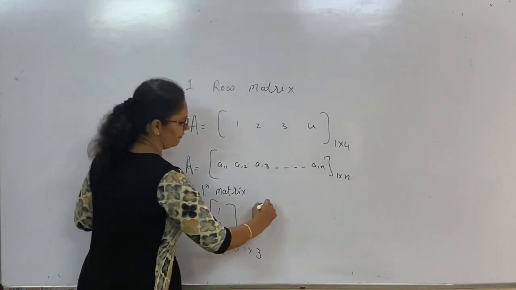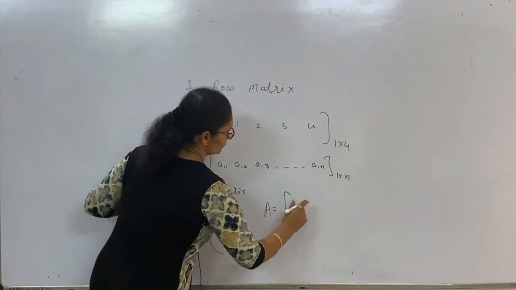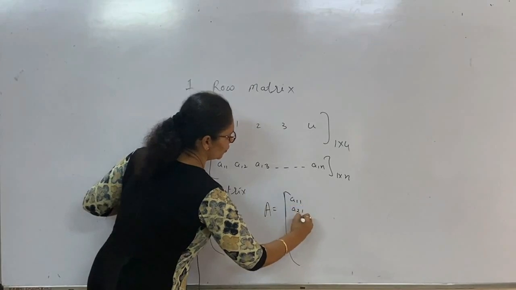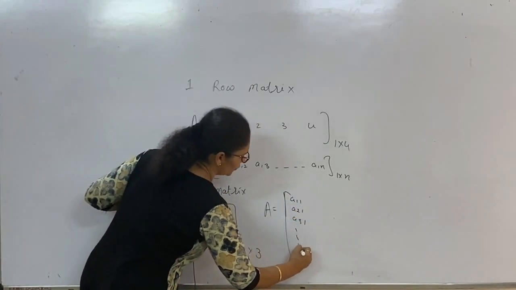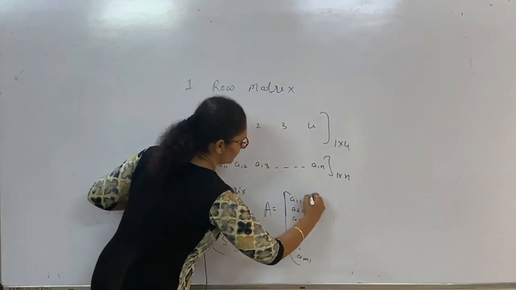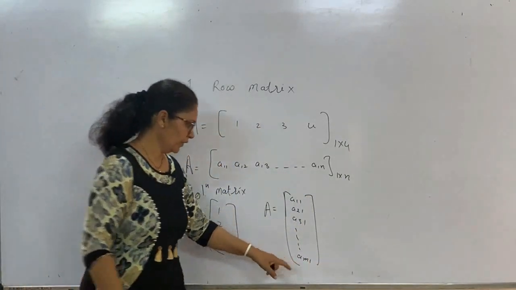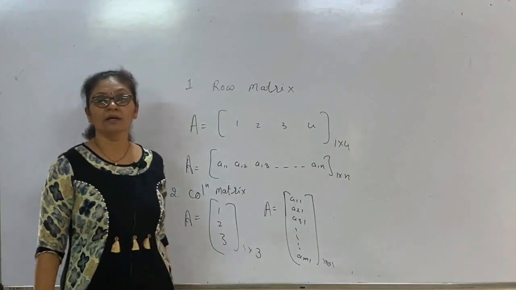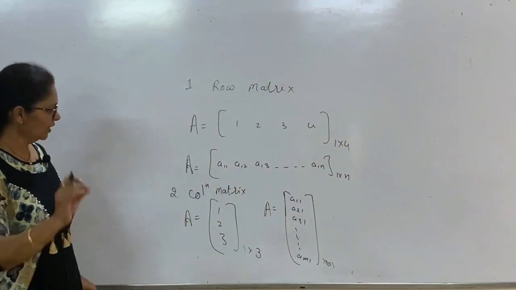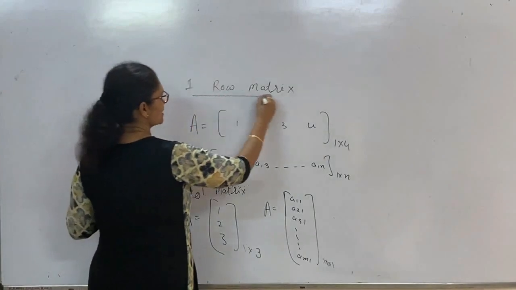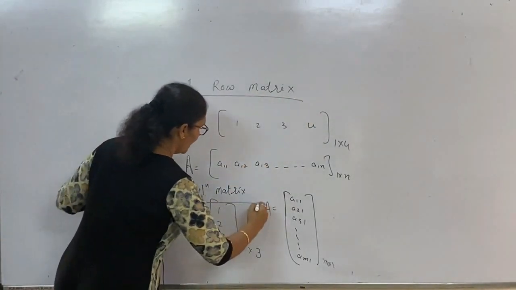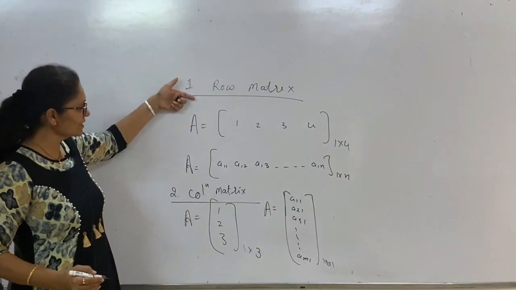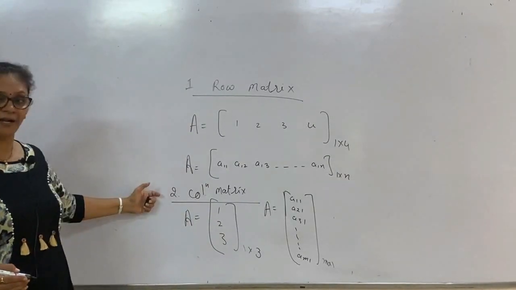In general form, a column matrix is A11, A21, A31 up to Am1, only one column but m rows. So this is an m cross 1 matrix. Now remember, row matrix and column matrix: there is a matrix we can call both a row matrix and a column matrix.